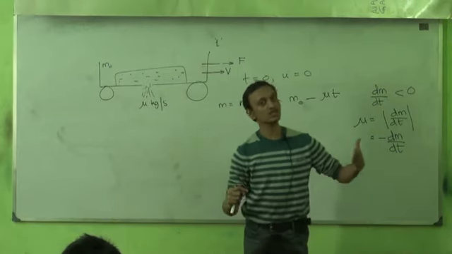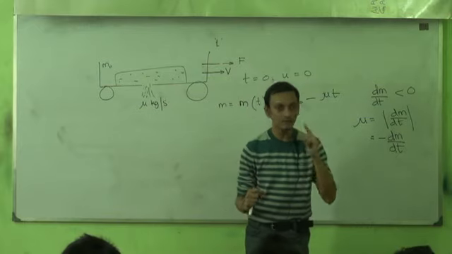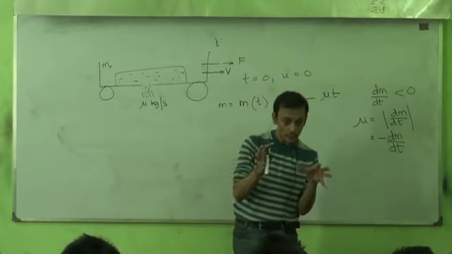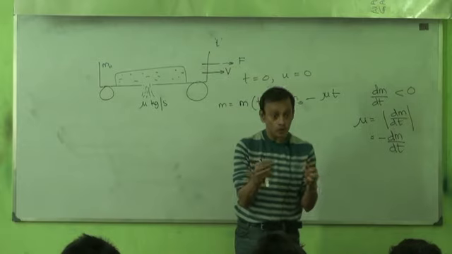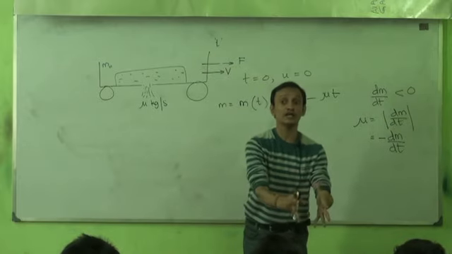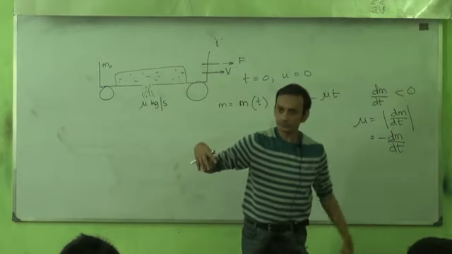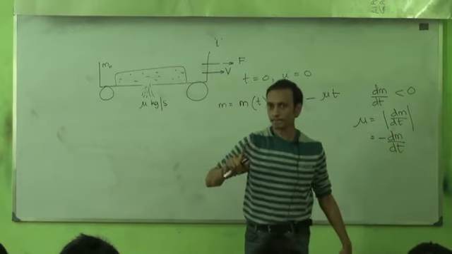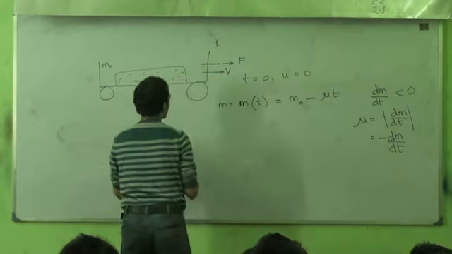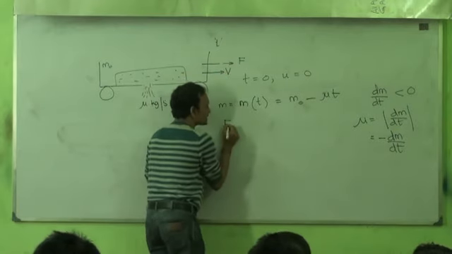There is no mechanism or motor releasing the sand at a rate different from v. Got me? So thrust acting is 0.